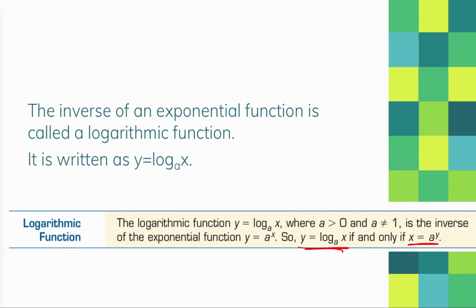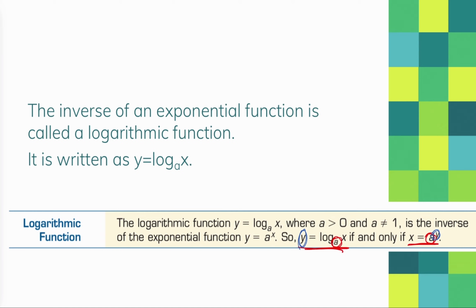So the base here in your log is the base here of your exponent. The exponent here gets spit out of the log. The purpose of the log is to get that exponent down. So that will get the exponent by itself.